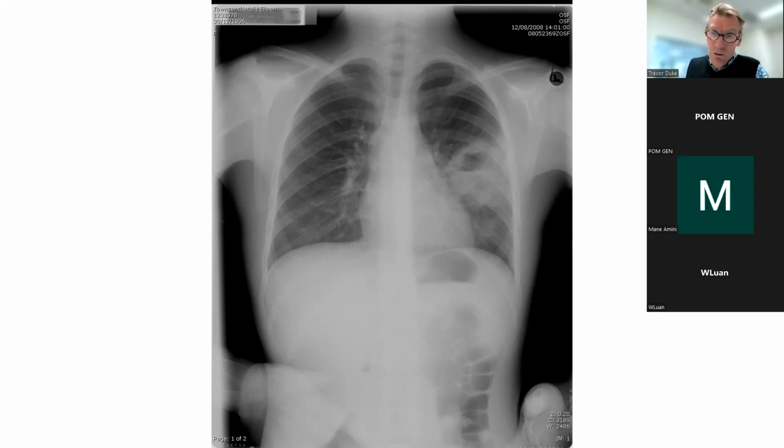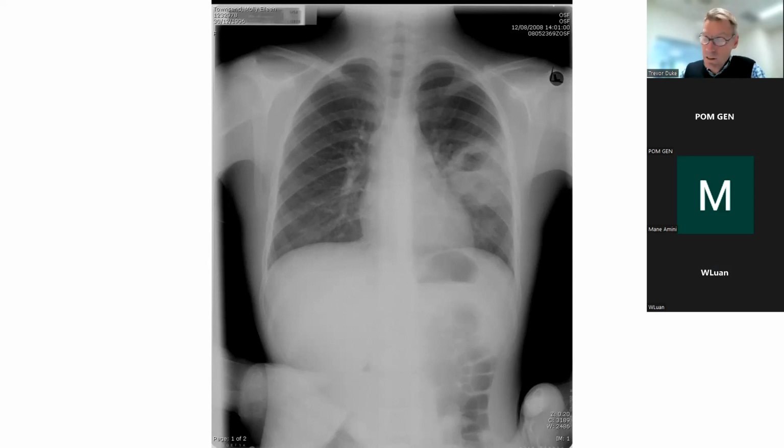If it's a lung abscess, it could be staph. If it's staph, it could be MRSA or MSSA, methicillin sensitive Staph aureus. If it's MSSA, then I know the flucloxacillin or the cloxacillin is going to work. But if it's MRSA, methicillin resistant Staph aureus, then the cloxacillin or flucloxacillin probably won't work.